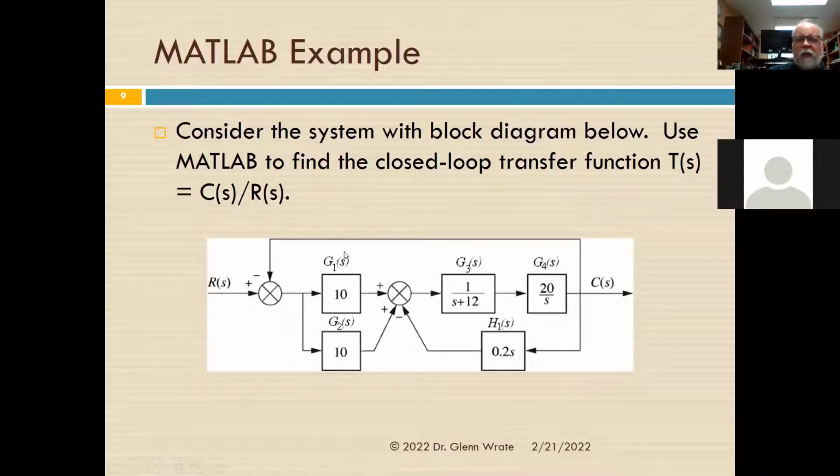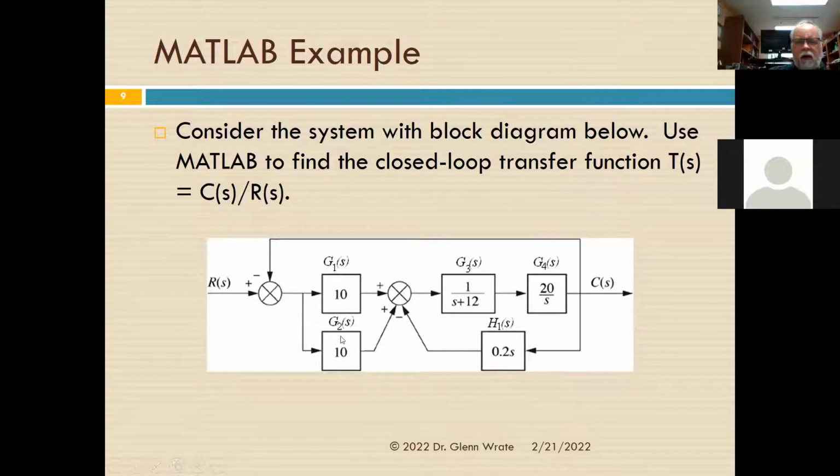We can also use MATLAB to do block diagram algebra if we wanted to. So we've got a summing junction here, got a summing junction here, so we can go through and let MATLAB do this for us. MATLAB can take 2 transfer functions that are cascaded or in series and come up with the result.